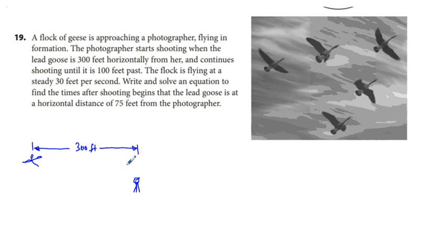I hope you had the opportunity to see geese in flight. Very beautiful. So 300 feet away, and the speed, I'm going to draw the arrow, is at a steady rate of 30 feet per second.